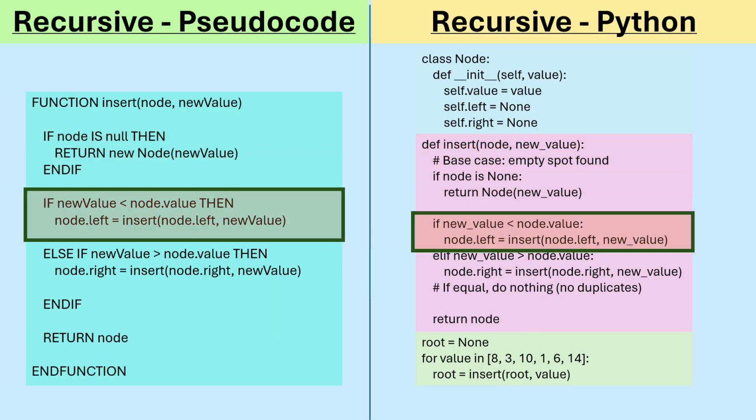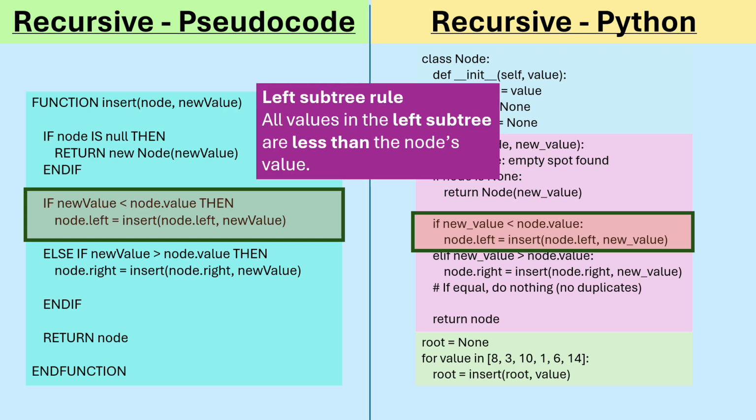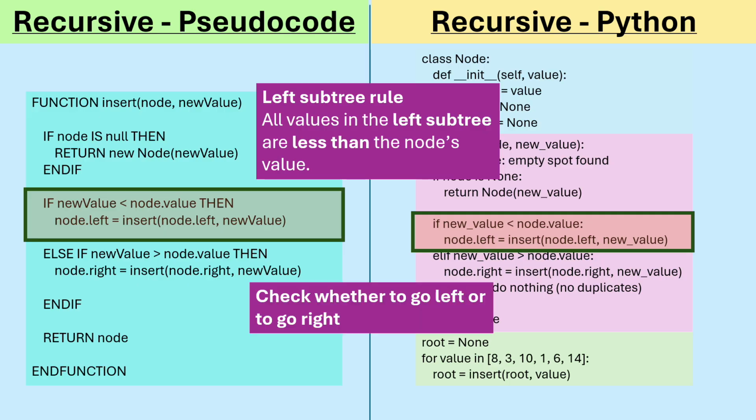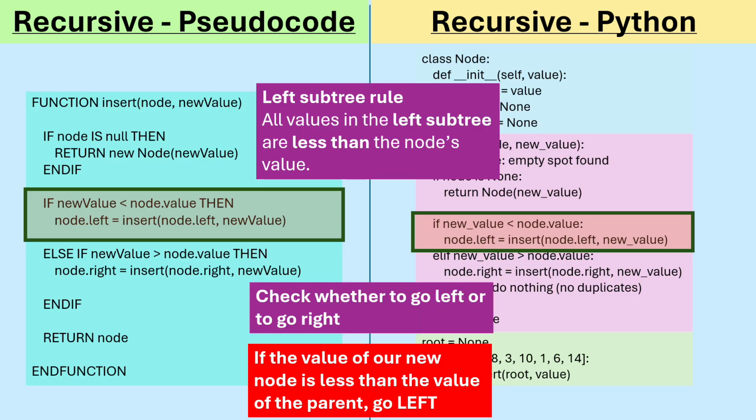The next part of our code is when we insert another node. The second node is going to look at whether it needs to go right or left. So here we need to check if the value of the next node is smaller than the parent. This is checking whether it needs to go left or right. If the value is smaller than the value of the parent, then it needs to go left.